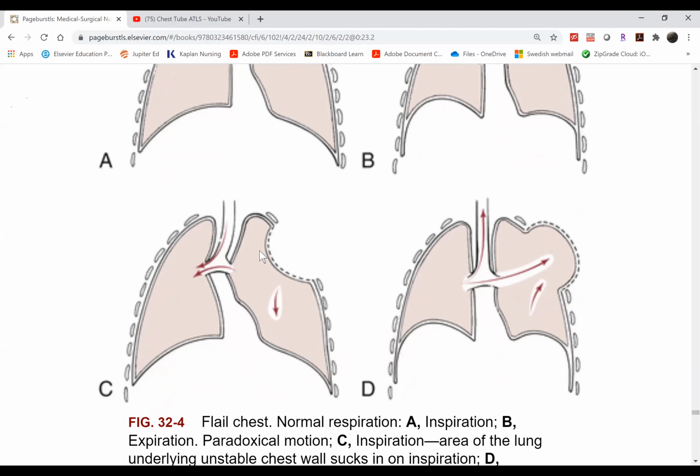Of course, that will increase pressure because this is now positive pressure. The thorax is supposed to be negative pressure. So the positive pressure will push all of the structures to the opposite side. That includes the heart as well as the other lung.